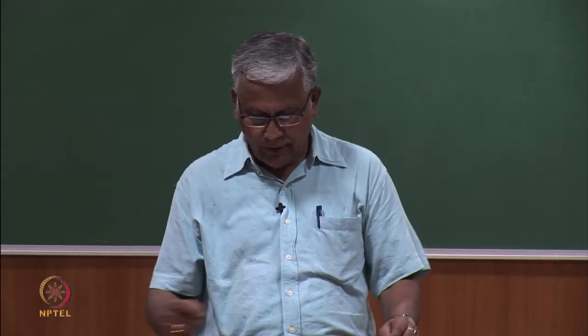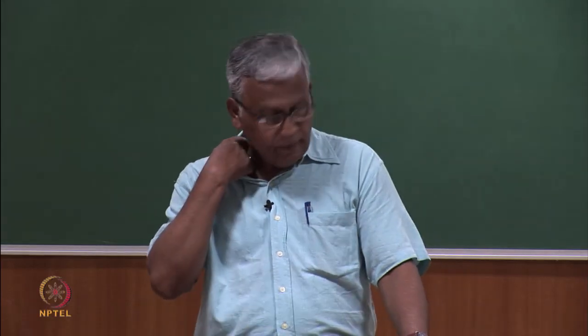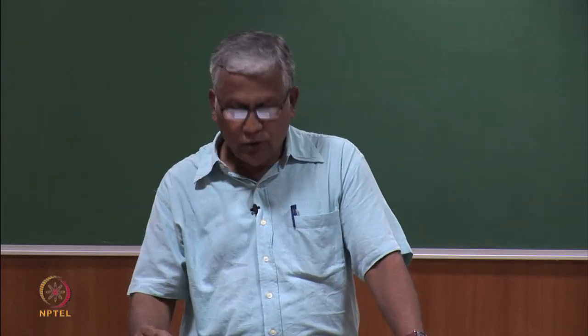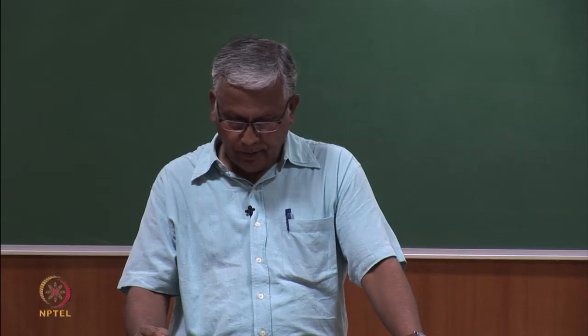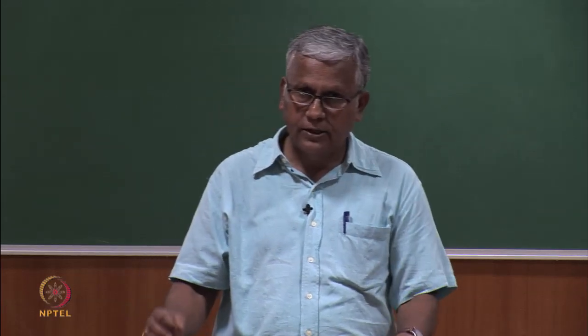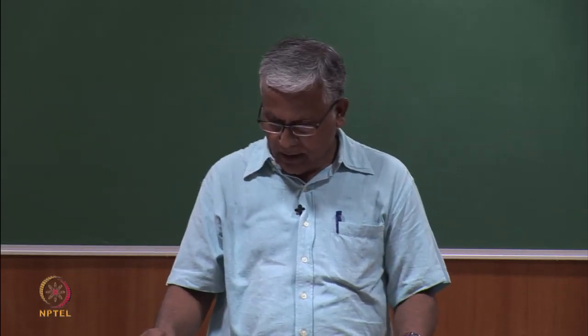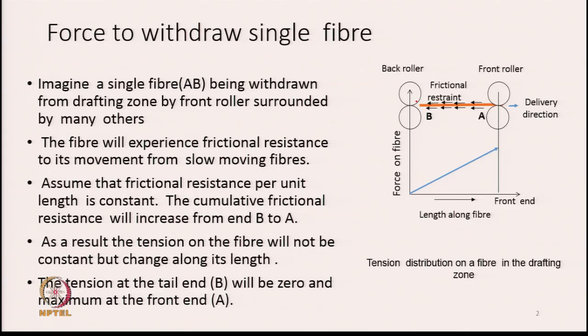So, there will be cumulative resistance to its movement. This is the cumulative frictional resistance to its movement, and therefore, as a result of friction, the fiber is going to be under tension.